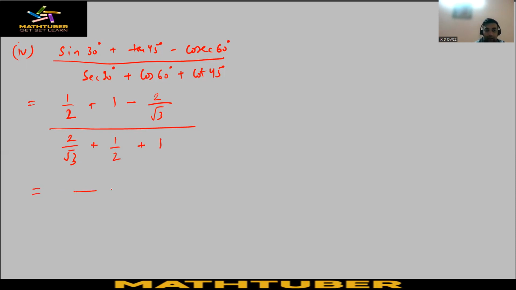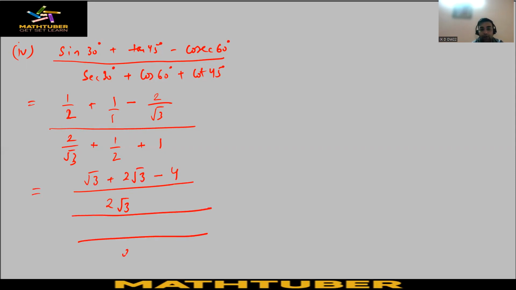Now take the LCM in both numerator and denominator. It will be 2 root 3 in the numerator here. So this will become root 3 plus 2 root 3 minus 4. And similarly in the denominator also you will get the same LCM, 2 root 3.